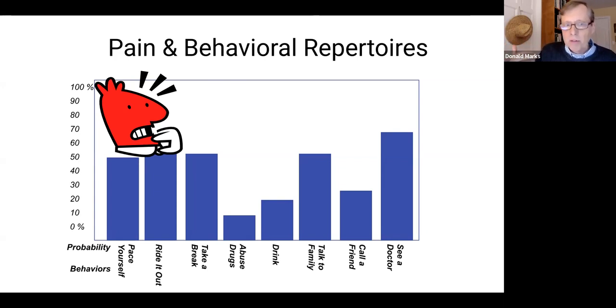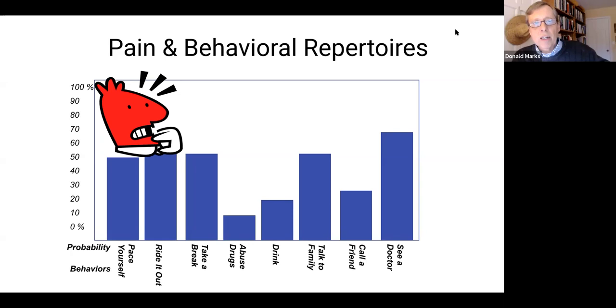I could pace myself, I could take a break, or I could begin to engage in valued actions like calling a friend or talking to family, which would be consistent with the ACT approach that Amanda was describing. Or I could do things that I've been trained to do from the medical model: see a doctor, use substances, medicate myself. There's a variety of different ways I could go. So we see those probabilities, and we can have a discussion about that.